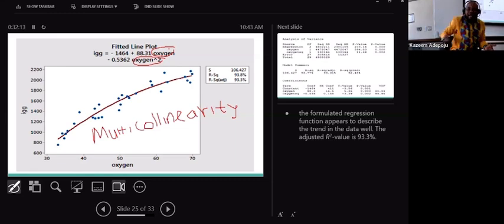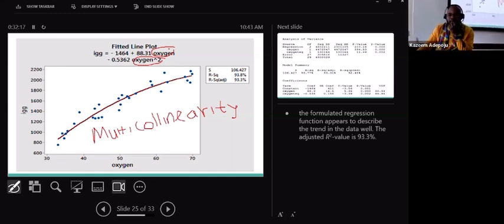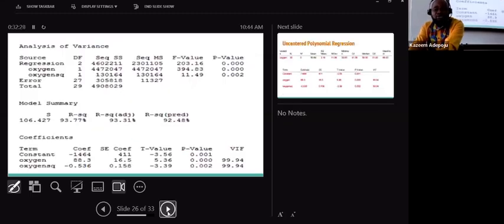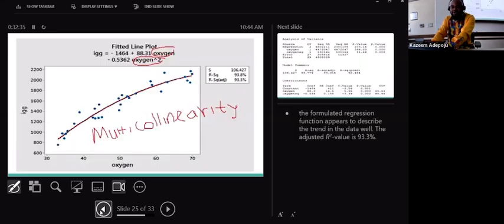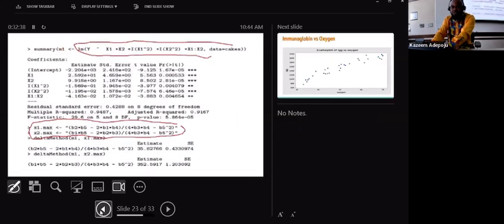Okay, and how am I going to know whether multicollinearity exists in a multiple linear regression model? We have R code for that. We call it VIF. We're going to run a VIF, and we have a threshold for the VIF. When you run the model, the model is M1, right?